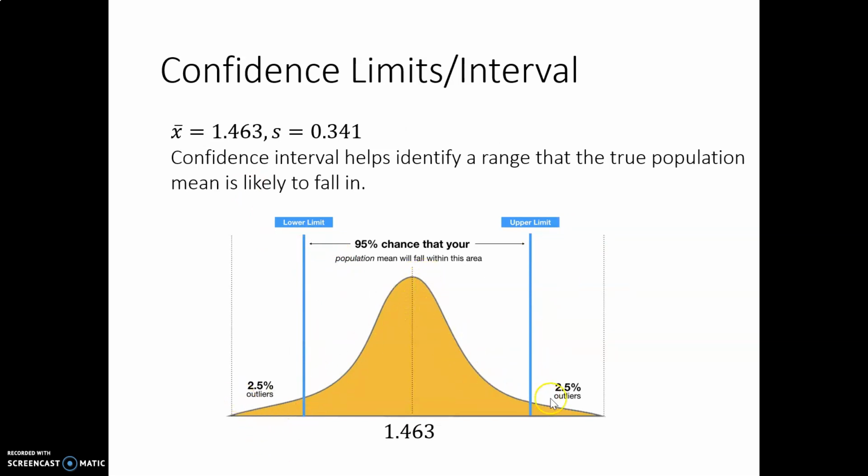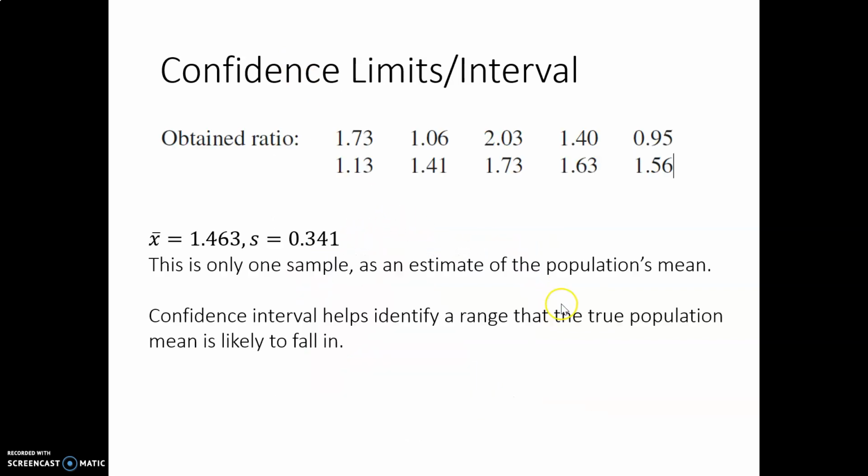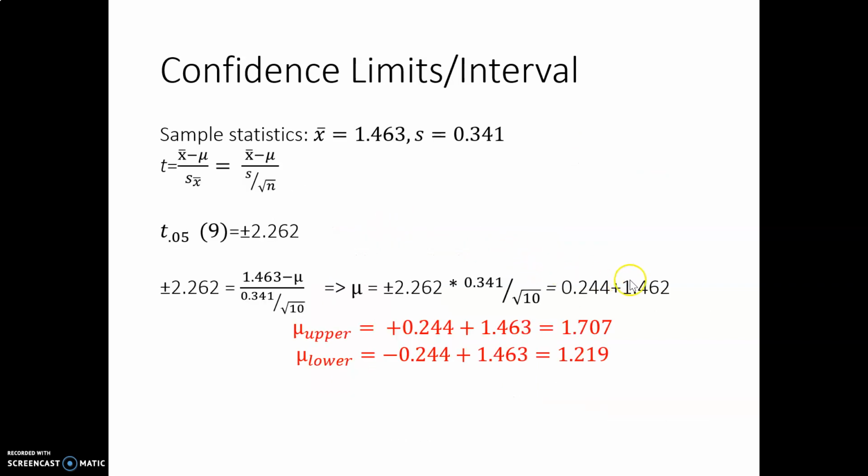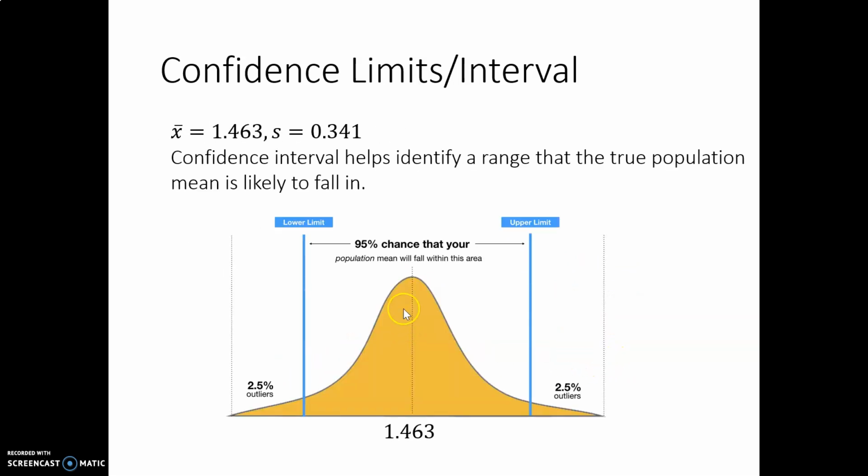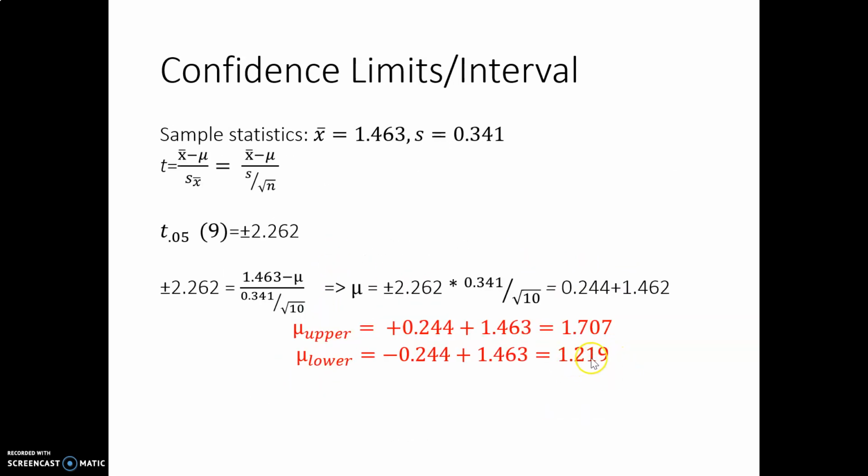Okay, so these two numbers represent the upper and the lower limits for our estimated population's true mean. So in other words, we can say that we estimate the population's true mean, where our sample comes from, is lying somewhere between this upper limit, which is 1.707, and this lower limit, which is 1.219.